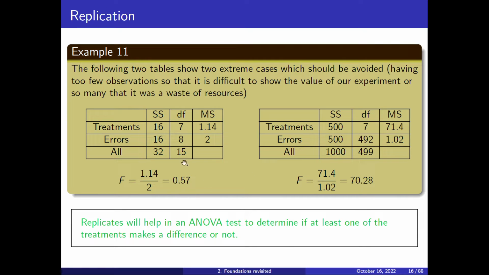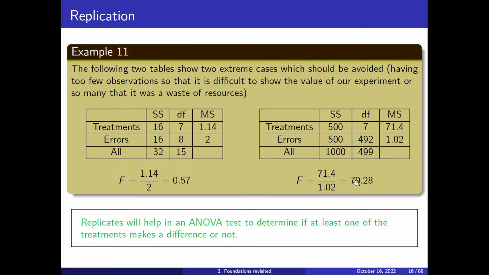When we compute the signal to noise ratio between the treatments and errors, that is this F statistic, in this case we have very little effect, while in this one we have an extremely high effect.